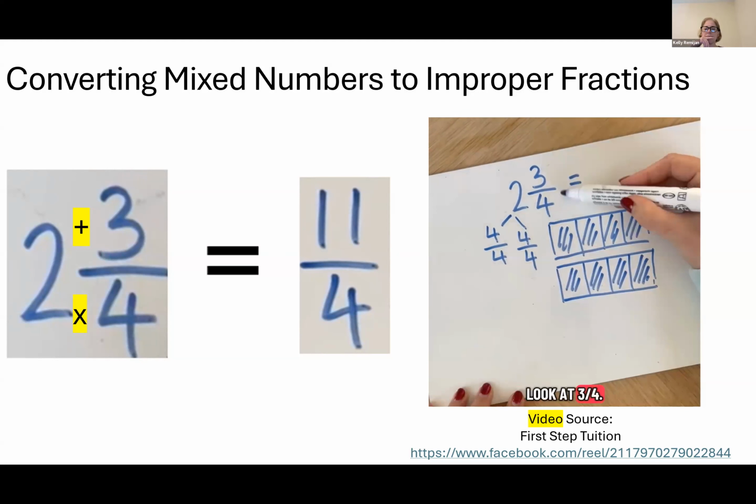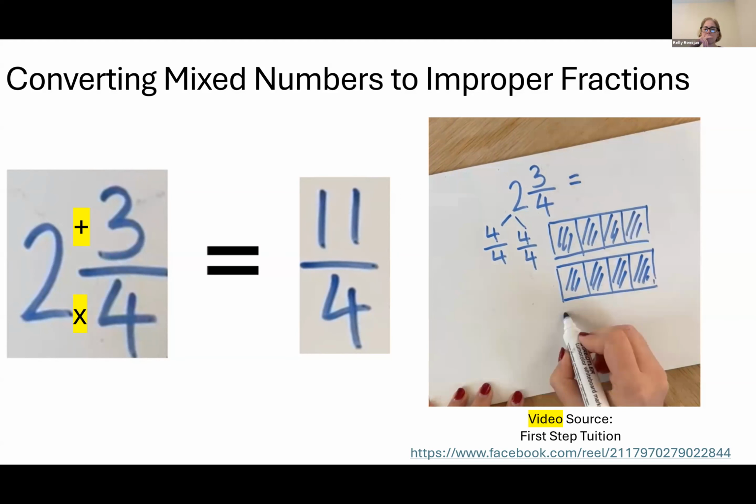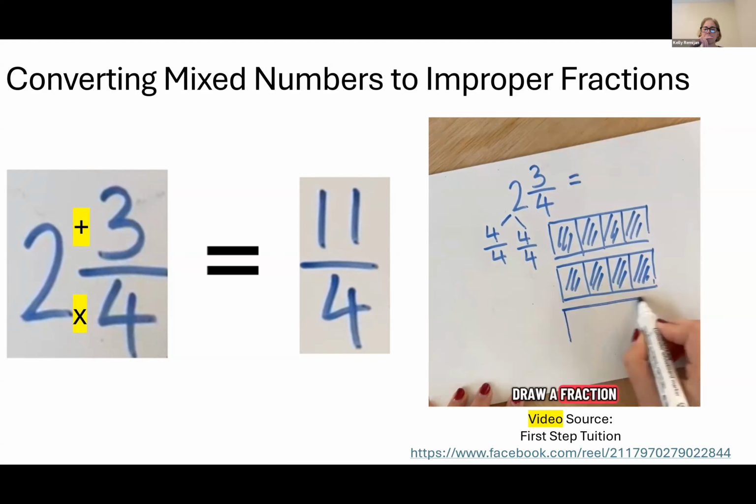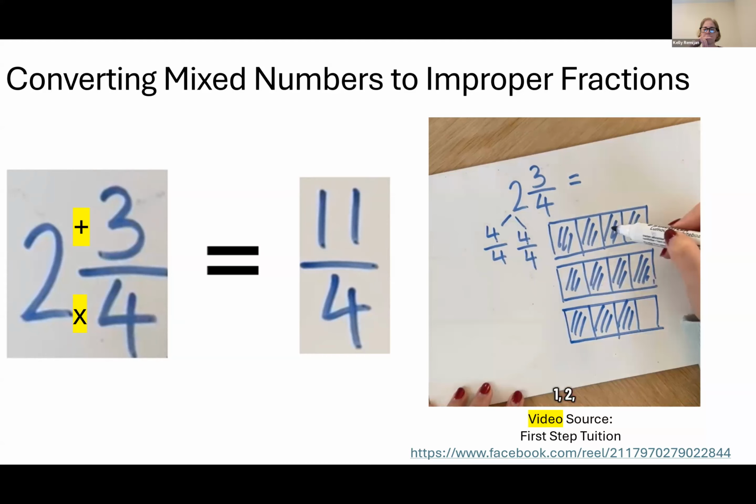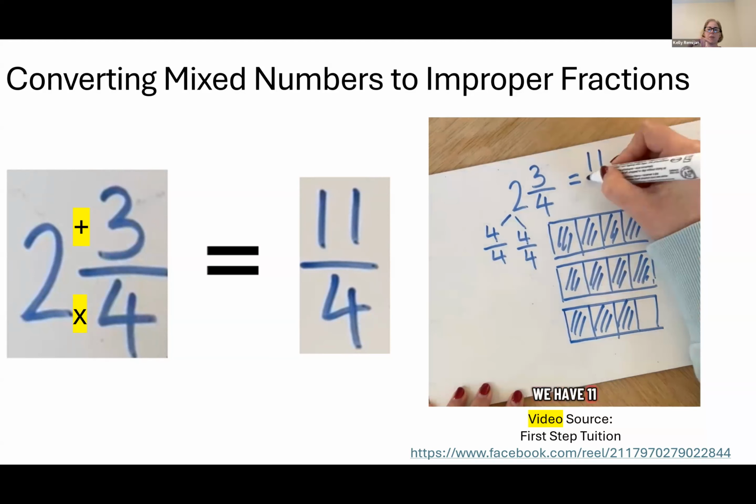Now we're going to look at 3 quarters. The numerator of 3 is telling us that 3 out of those 4 parts are shaded. So I'm going to draw a fraction bar to represent 3 quarters. Now the next step is to count how many quarters are shaded. 1, 2, 3, 4, 5, 6, 7, 8, 9, 10, 11. We have 11 quarters shaded.